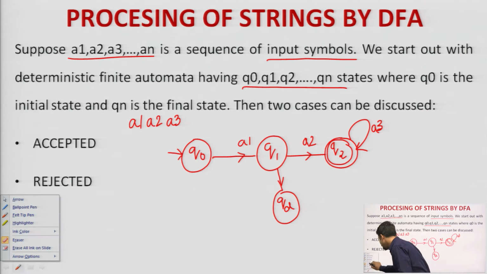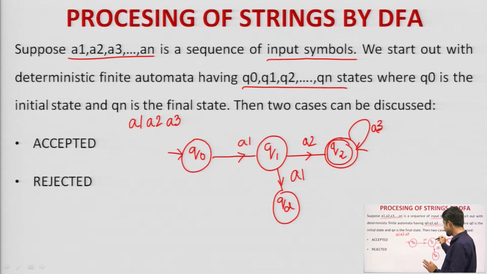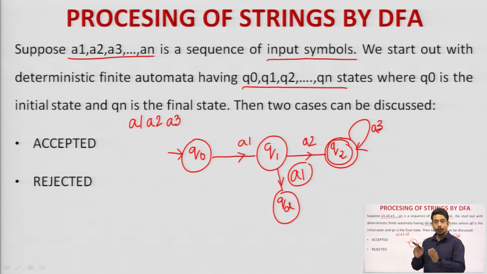Suppose this is a1. Then from q1, again with an input symbol a1, it goes to another state, suppose qd, from where there is no transition going to the final state.